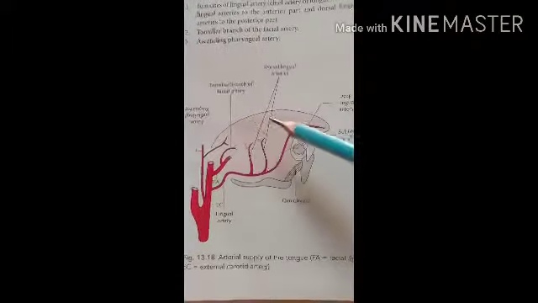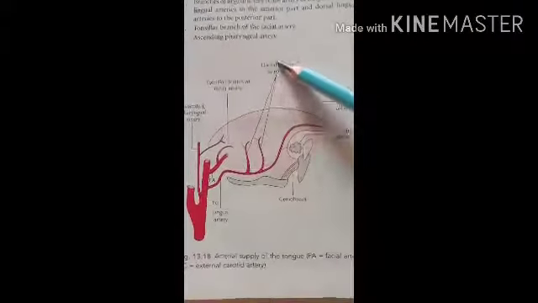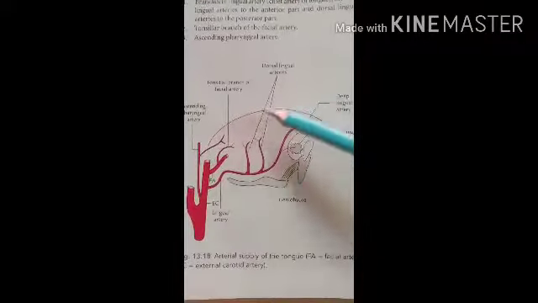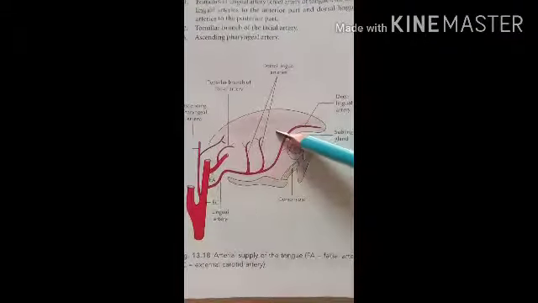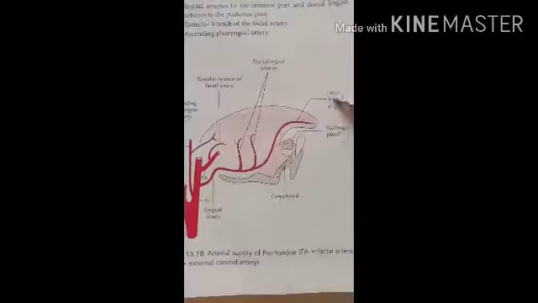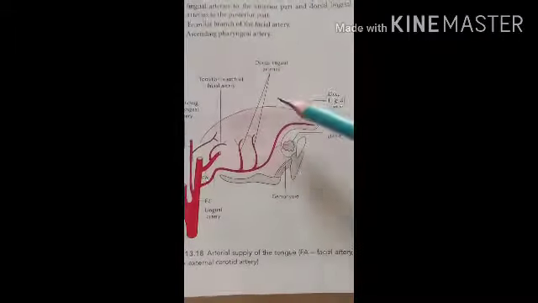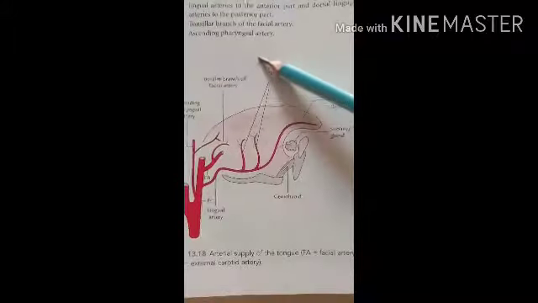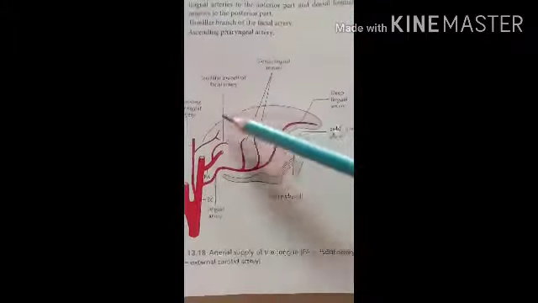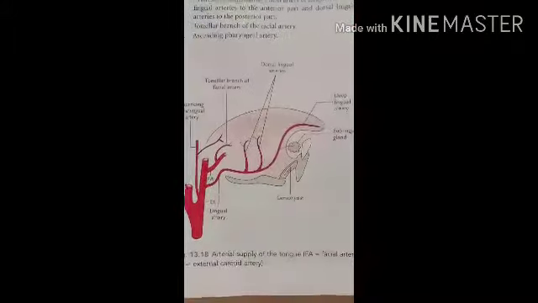First is the deep lingual artery, which supplies the anterior part. The second is the dorsal lingual artery, which supplies the posterior part of the tongue.